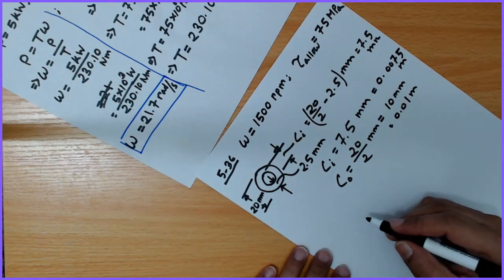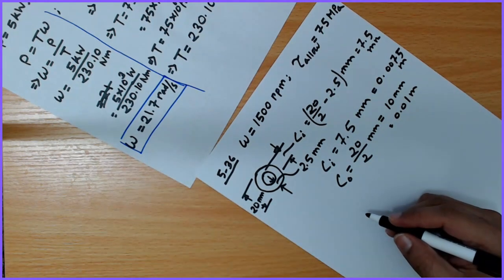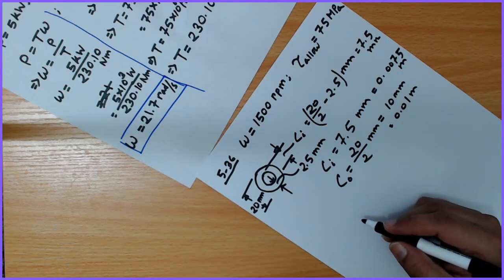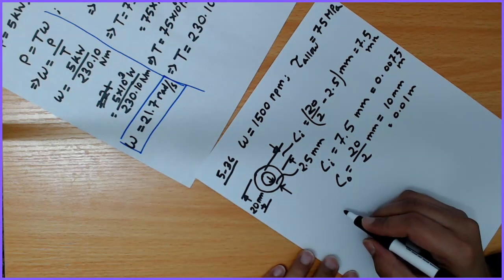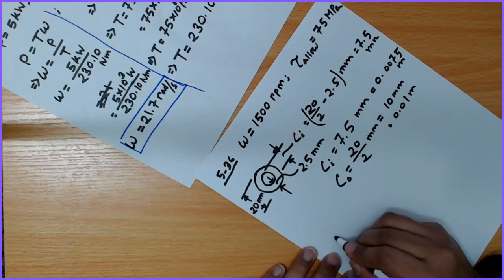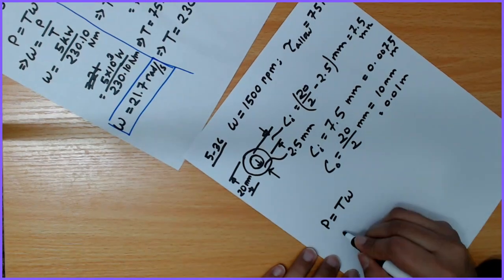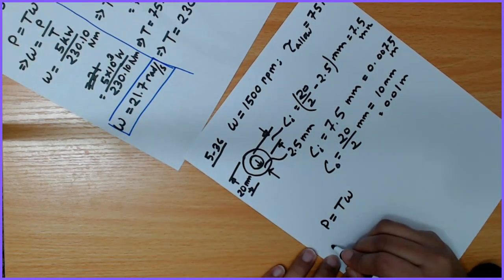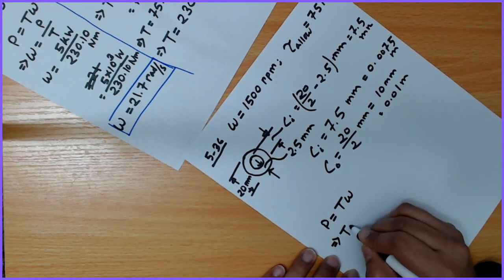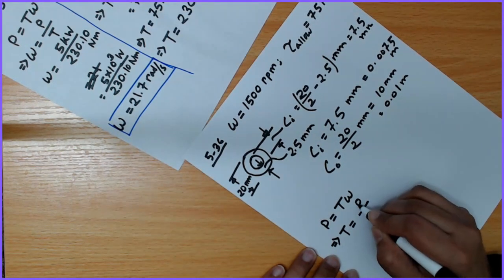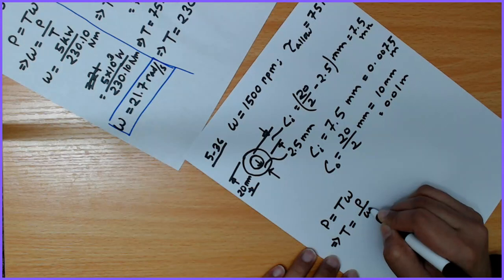Now, it is given P equal to T omega and T equal to P by omega.